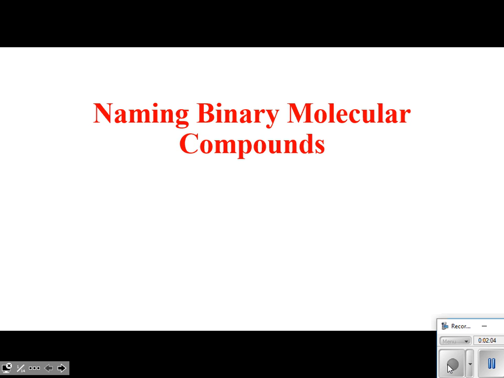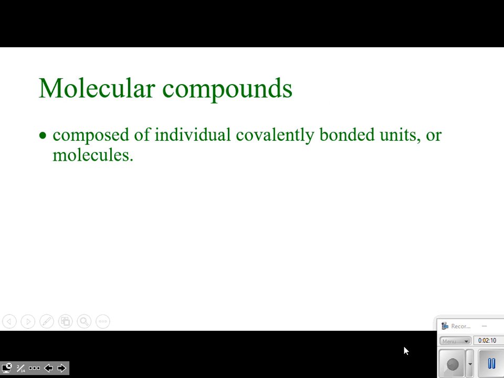Now, binary molecular compounds. First of all, molecular compounds are covalently bonded. Okay, they are covalently bonded units or molecules.